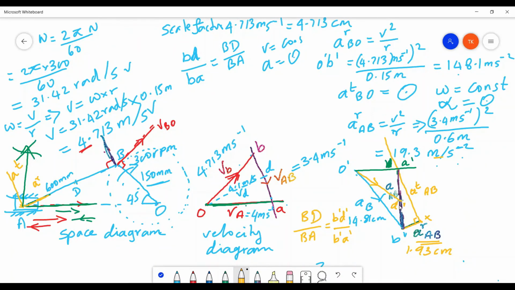According to this scale, I need to make it half. Since this is half, midway on the line is fine. But now I have to join this o' and d'.